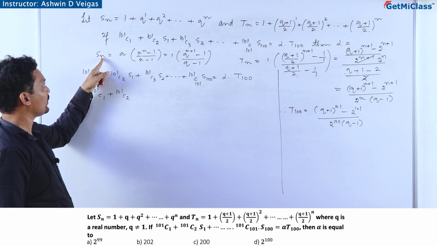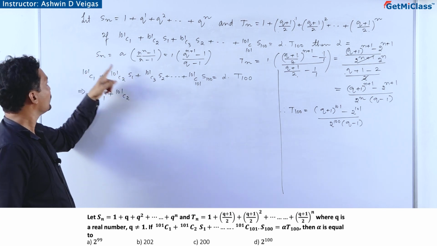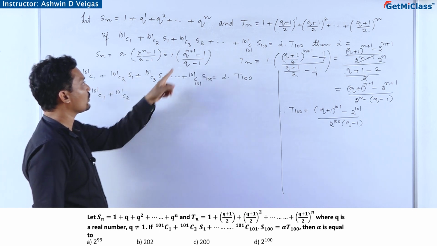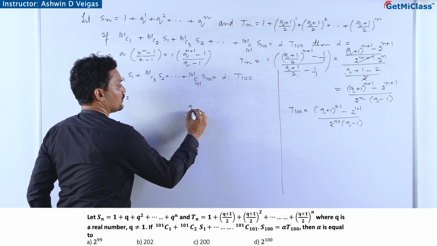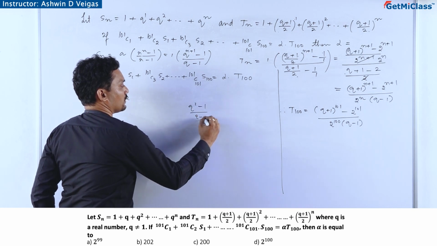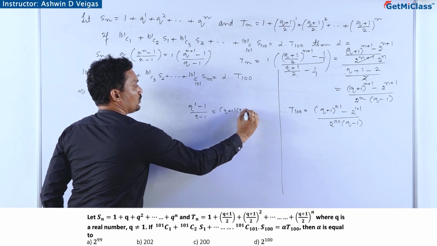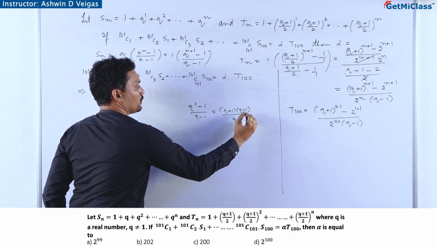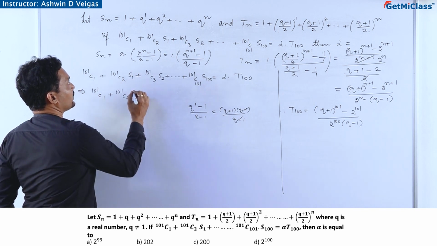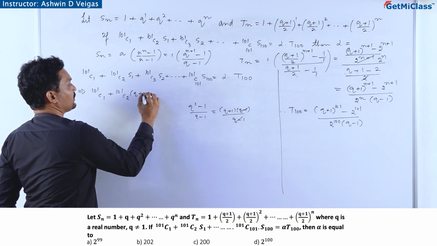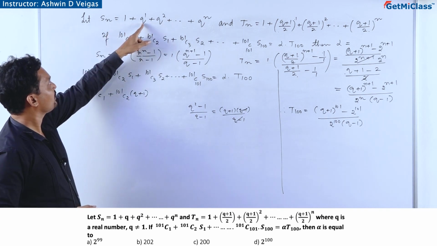For S1, you have to put n equal to 1. If you put n equal to 1, you will get (q square minus 1) by (q minus 1). So q square minus 1 is actually (q plus 1) into (q minus 1) divided by (q minus 1). This will cancel, so you will get q plus 1. So S1 is actually q plus 1.